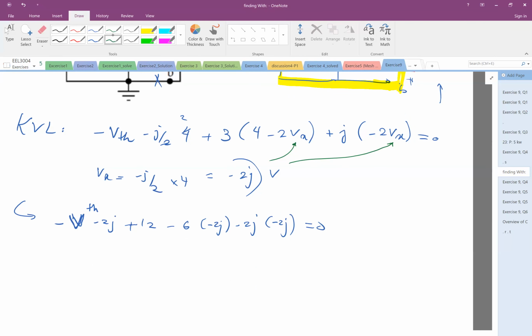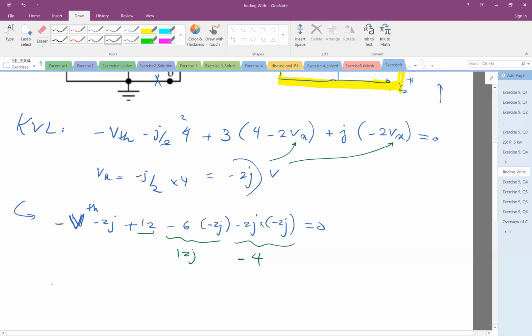Okay, so let's do some math here. This is 12j. This is minus and minus plus, 2 times 2 is 4, j squared, which is negative 1.